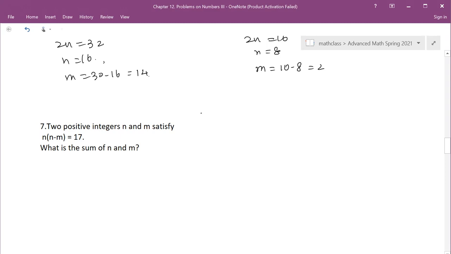But actually this problem is easier than the previous one. In the previous one, 60 can be written as a product of several numbers.